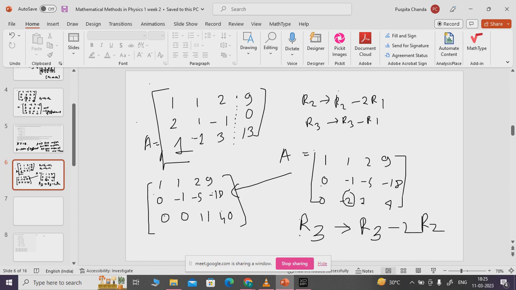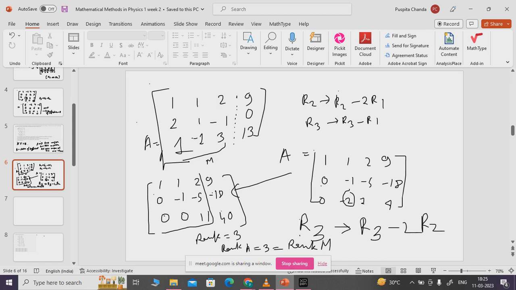So here we can see that the rank is 3 for the matrix part and also for the augmented part. So rank of A is equal to 3, which is equal to the rank of M, if we name that part M. M is the coefficient matrix, A is the augmented matrix.